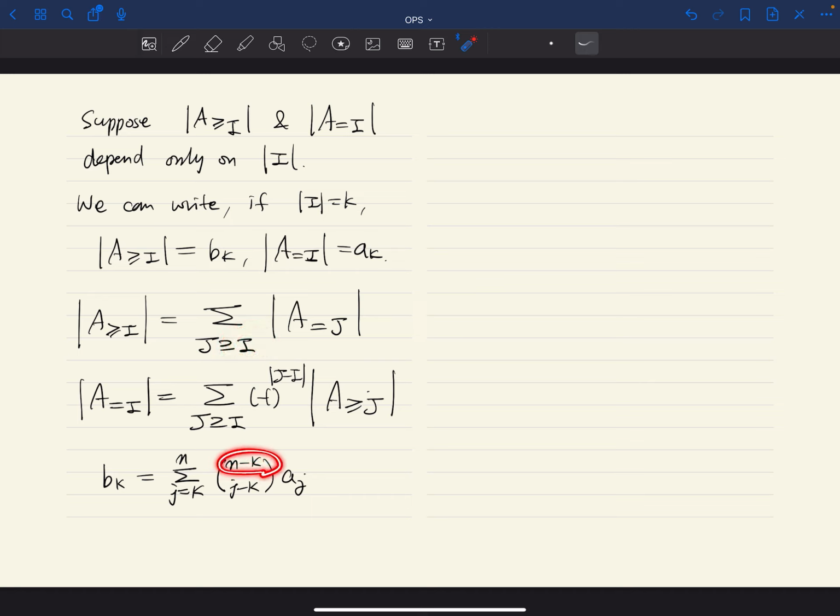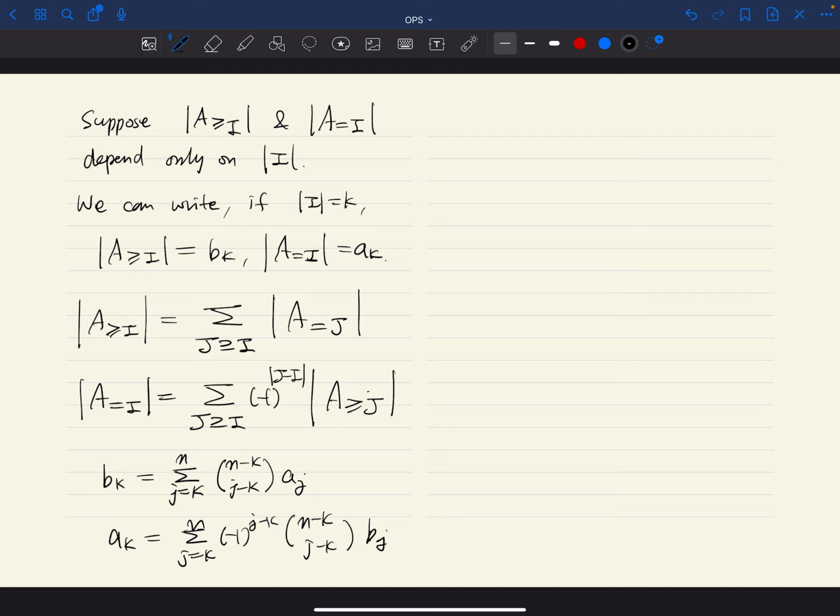Among the n minus k, we have to select j minus k, so that eventually we get j elements. And this is always a_j. And the second one can be rewritten in a similar way, like that.